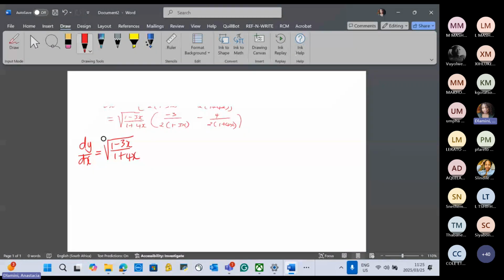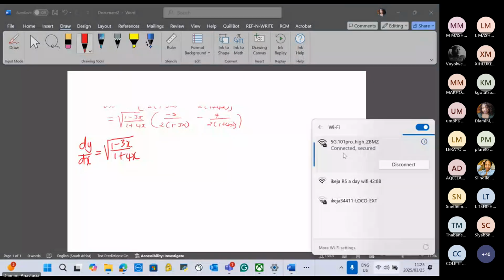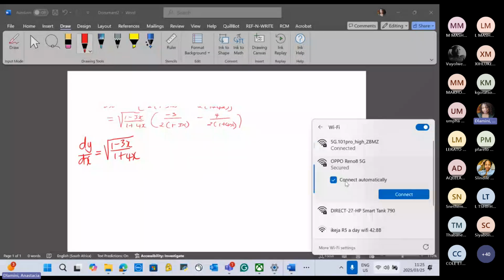I think there might be load shedding somewhere. I just need to change it to my phone data. Please let me know if there's a slight delay again.